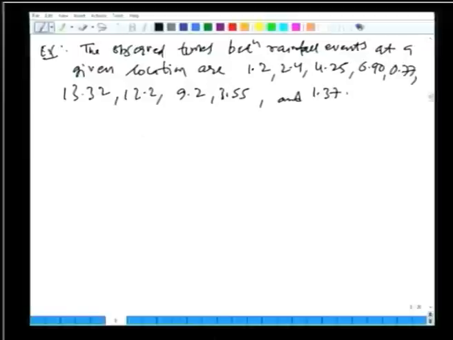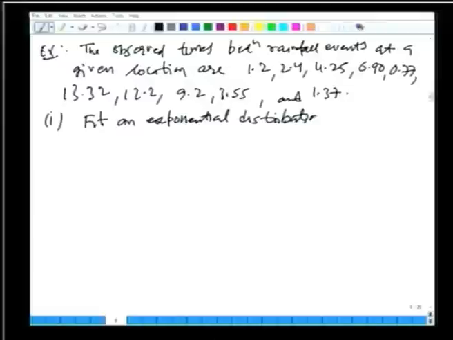Okay. What we have to do is fit an exponential distribution to these data.